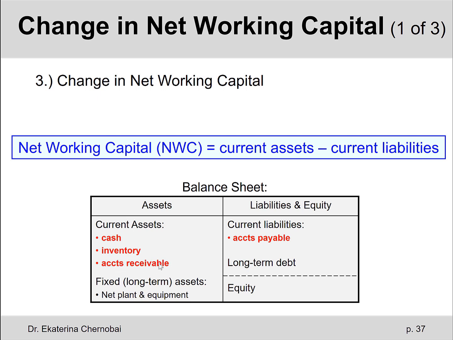Accounts receivable is when somebody else owes money to the company. For example, if the company sells its product on credit, then the amount of money that has not been received yet is temporarily recorded under accounts receivable. Current liabilities include accounts payable, and they also include short-term loans.